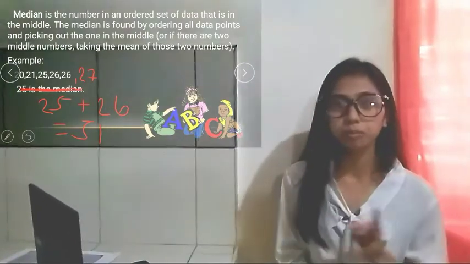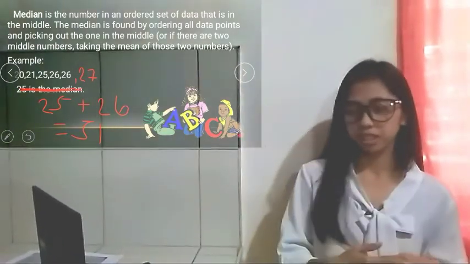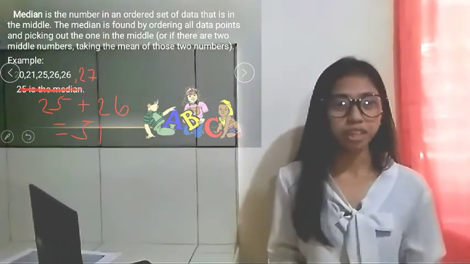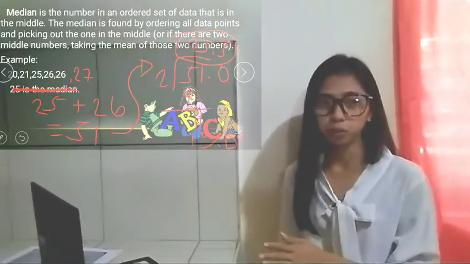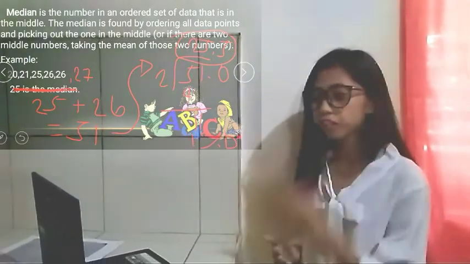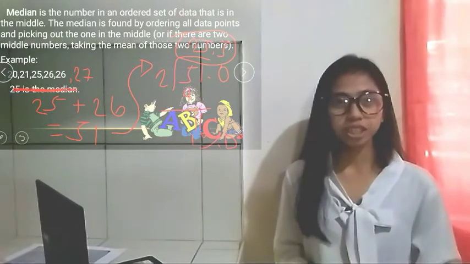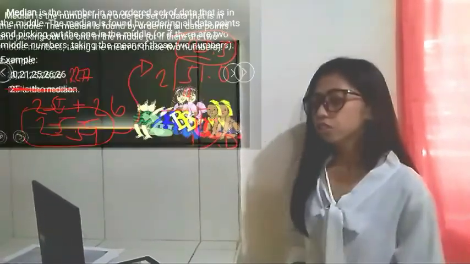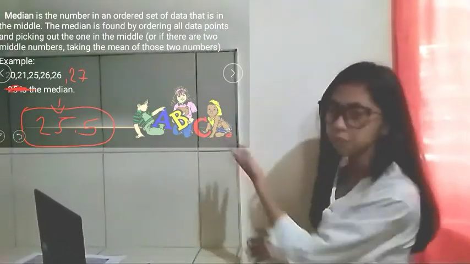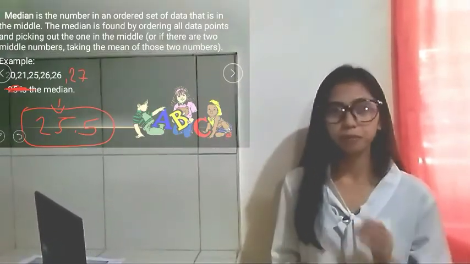You have to add the 2 middle numbers in order to get the median. So, the sum of 25 and 26 is 51. Then, divide the sum by 2. So, 51 divided by 2 is 25.5. So, the median of the whole data set is 25.5.